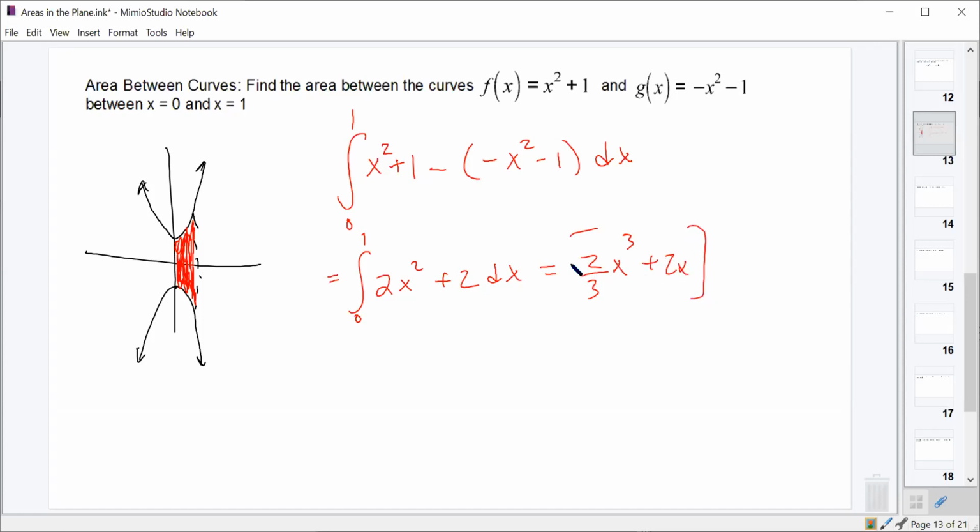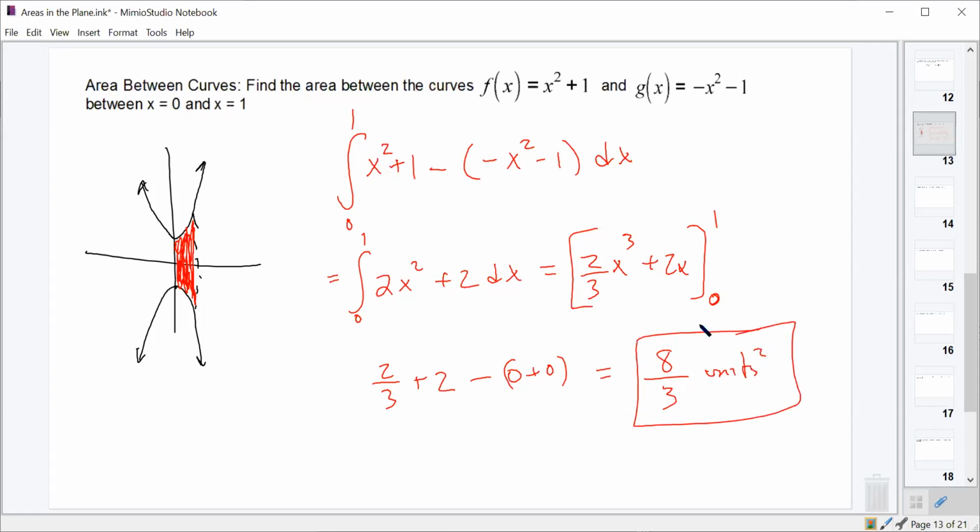We'll evaluate from 0 to 1. So 2/3 x cubed at 1 is 2/3 plus 2, minus 0 plus 0. 2/3 and 2 is 8/3, and we will say units squared. Make sure anytime we're doing area that you indicate square units.